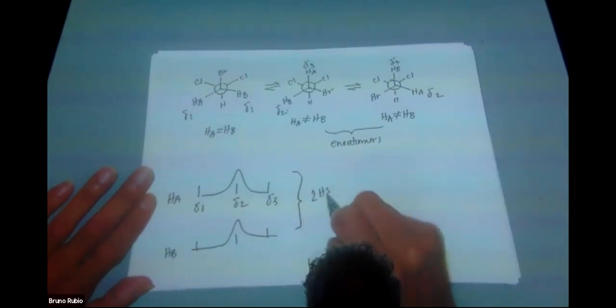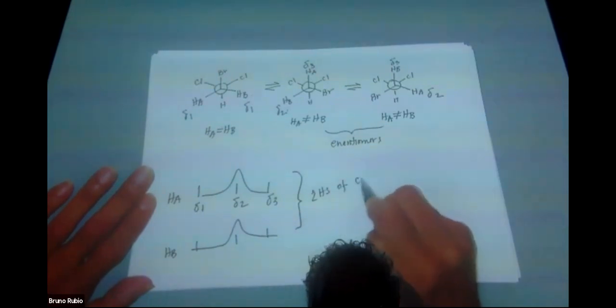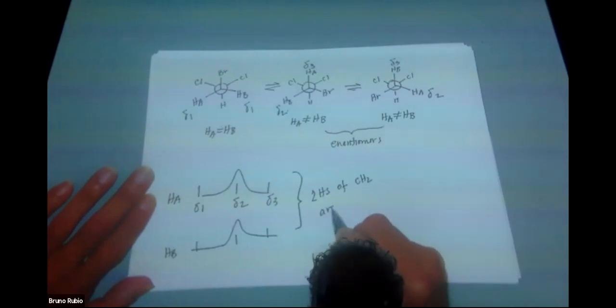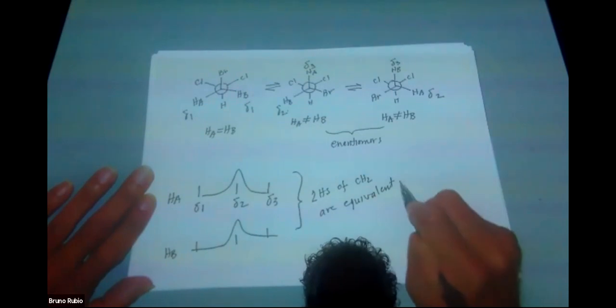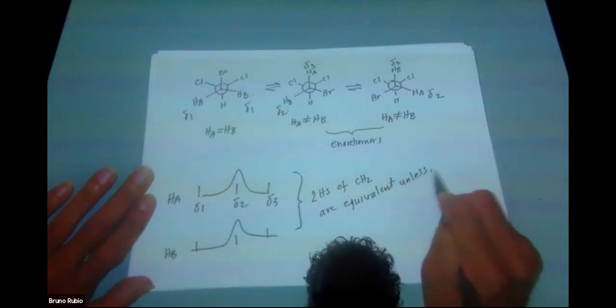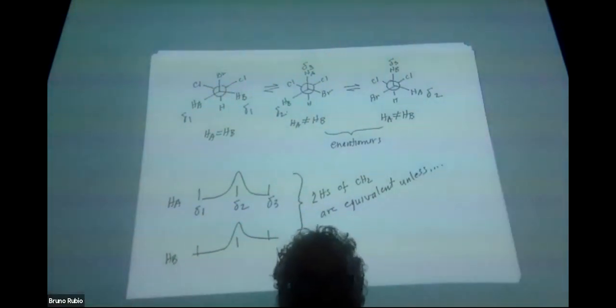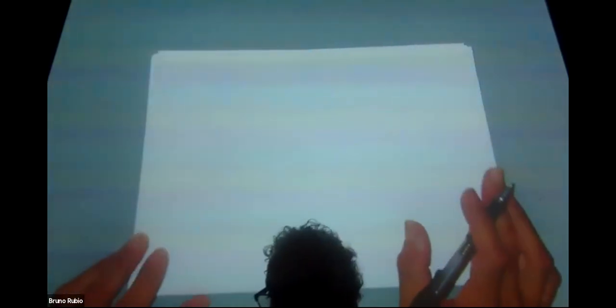The two protons of a CH2 group are equivalent unless... So that's the third situation that we have to consider. And that is they are equivalent unless there's a chirality center somewhere in the molecule.